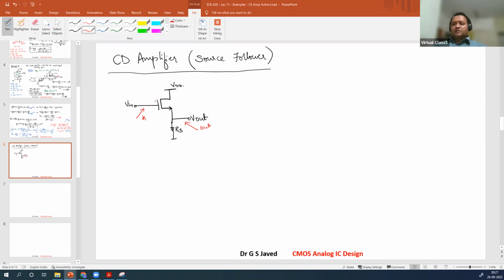For practical purposes, can this be treated as a source degeneration? Possible. But now, what is the connection that is needed? To know what is to be treated, let us do the first activity here. Find out, what is the input impedance?